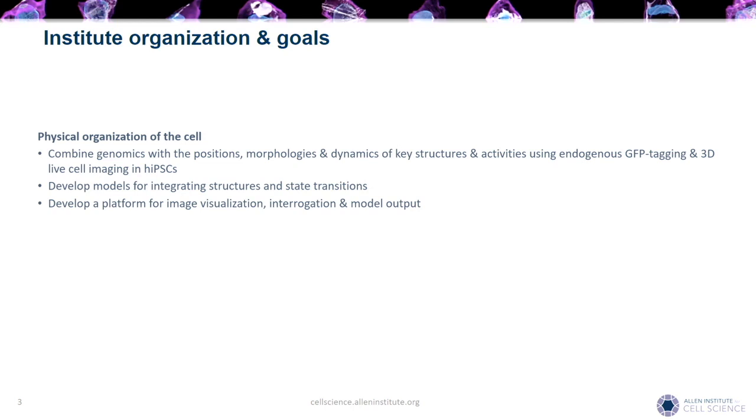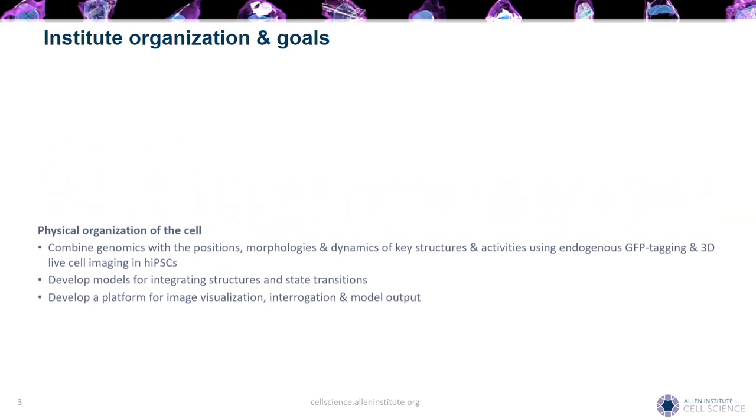So we want to combine genomics with the position, morphology, and dynamics of key structures and activities using endogenous GFP tagging and 3D live cell imaging in iPSCs. We want to develop models to integrate all of these structures together and all these different state transitions. And we also want to develop a platform for image visualization, interrogation, and model output.